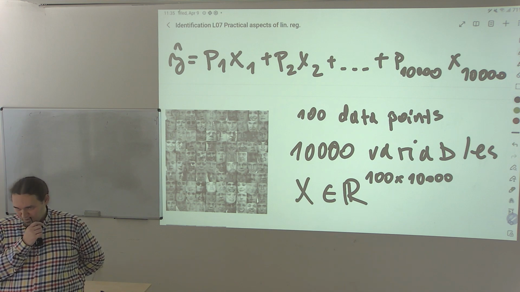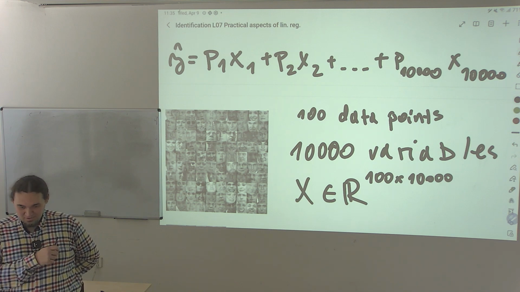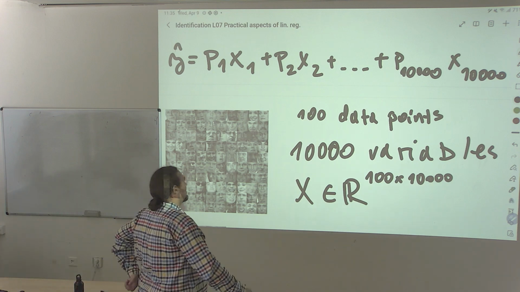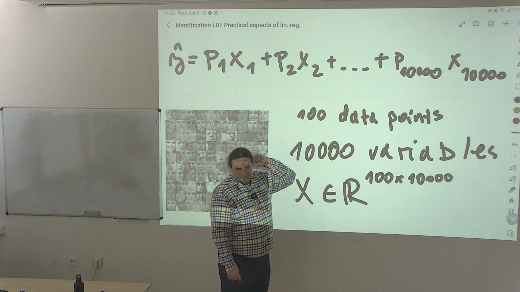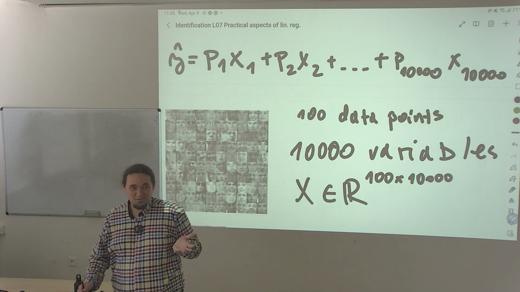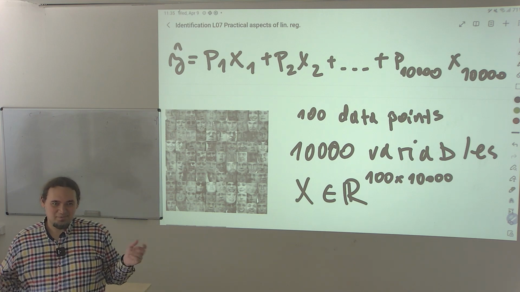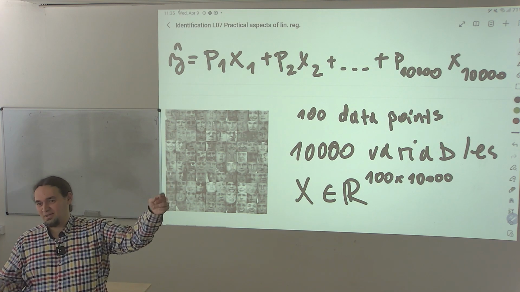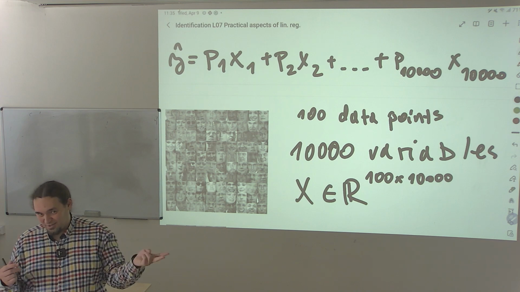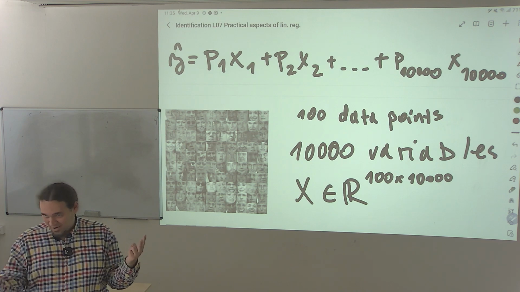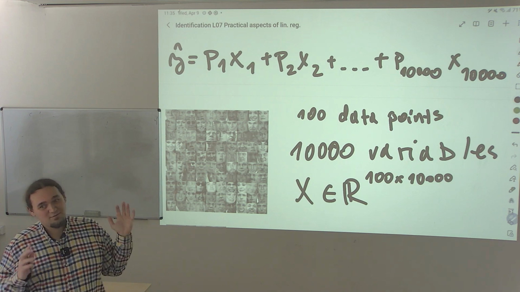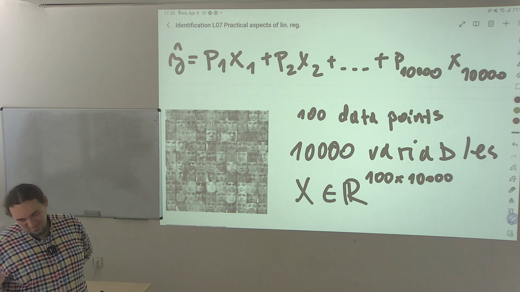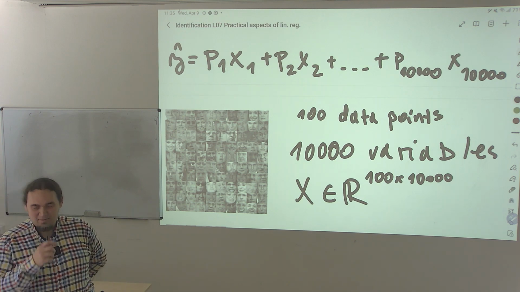So we want to learn 10,000 parameters, but just out of 100 data points, that wouldn't work. Because in the simple situation, if I wanna just learn one line, I have 2 parameters, I need at least 2 points. Now I have 10,000 parameters, so I need at least 10,000 data points.